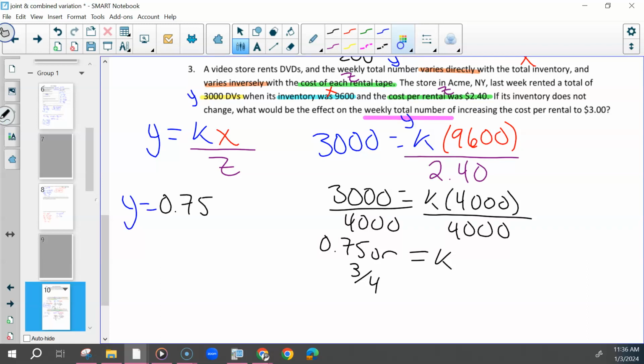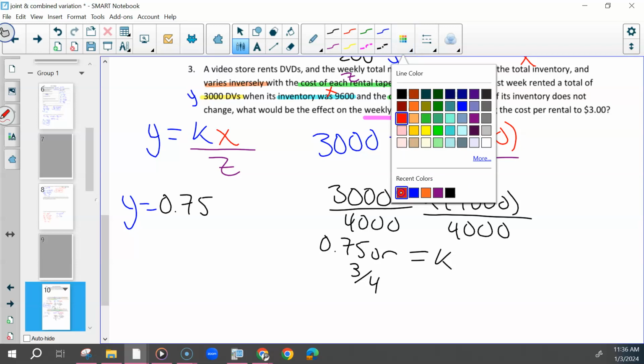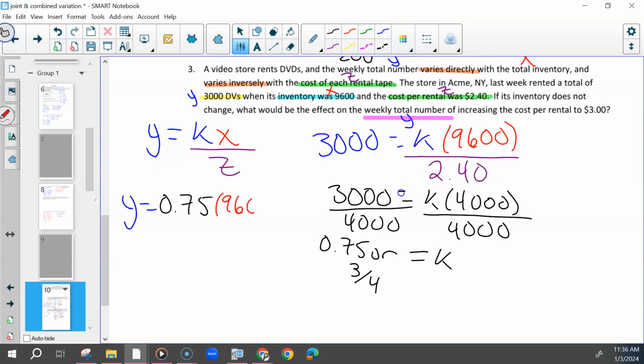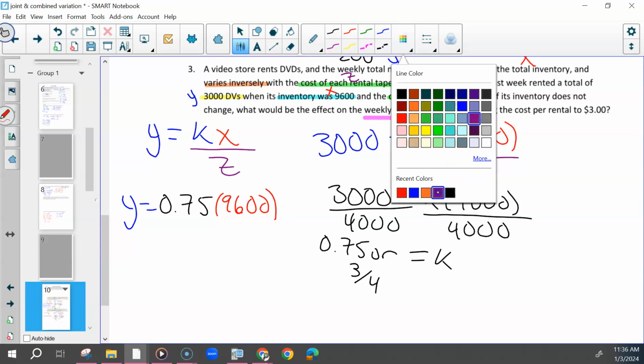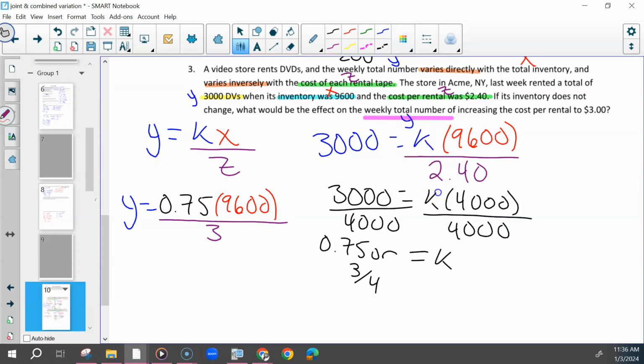Our X has not changed, it's still 9,600. But our cost is now 3. Figure out what Y is. 2,400. 2,400 DVDs.